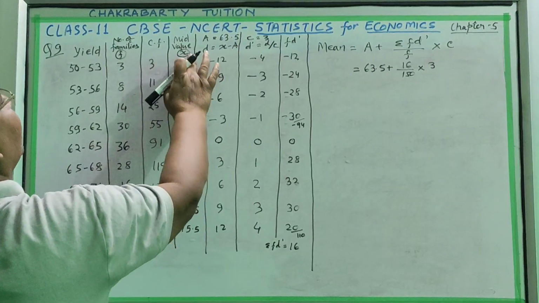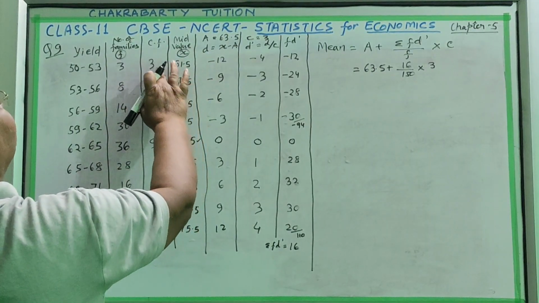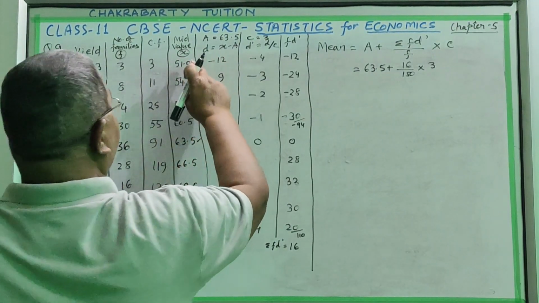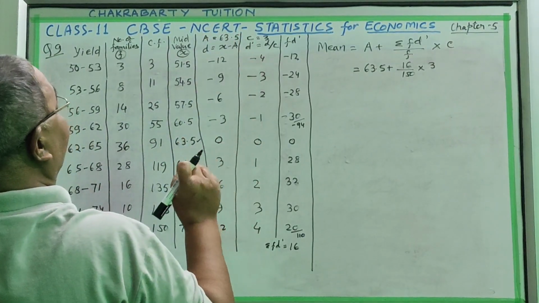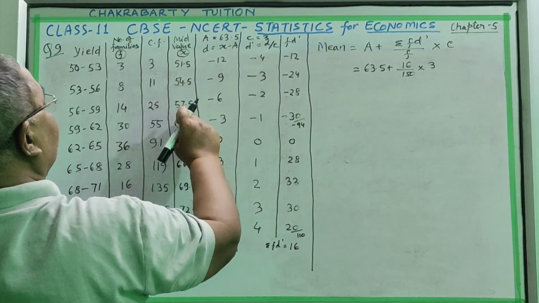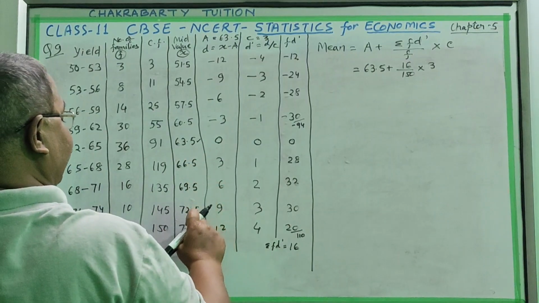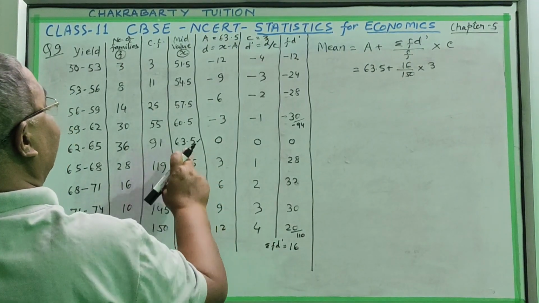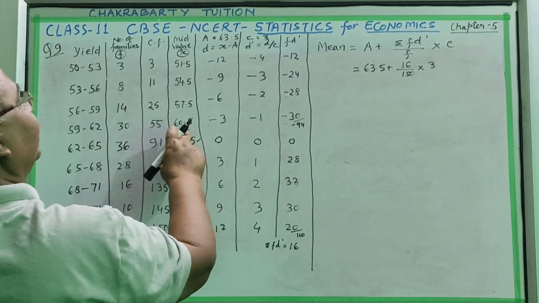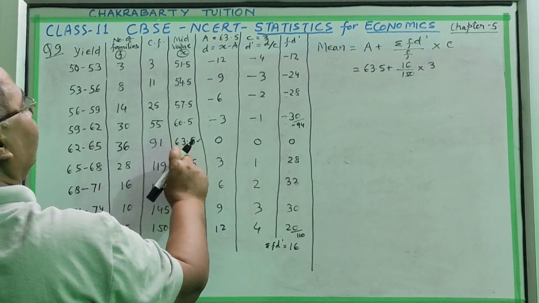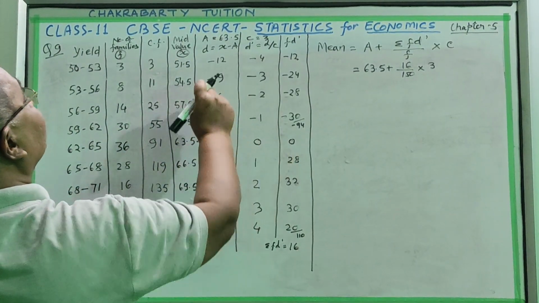So you know X as mid value you have obtained, CF is obtained. Now from here the middle value you take as assumed mean, that is always better. 9 figures are there, that's why we have taken the middle 63.5. Or you can take any figure assuming, but better always you take the middle, otherwise it becomes easier to do.